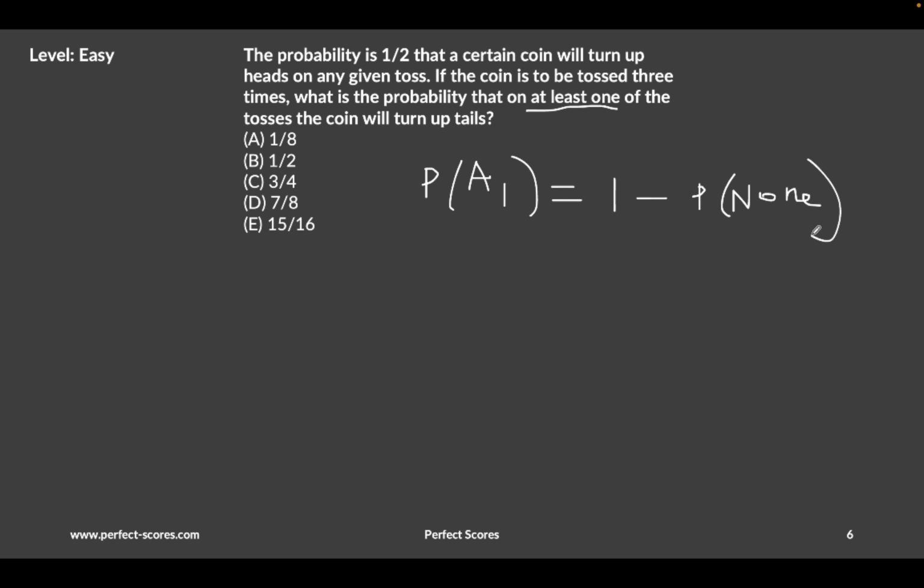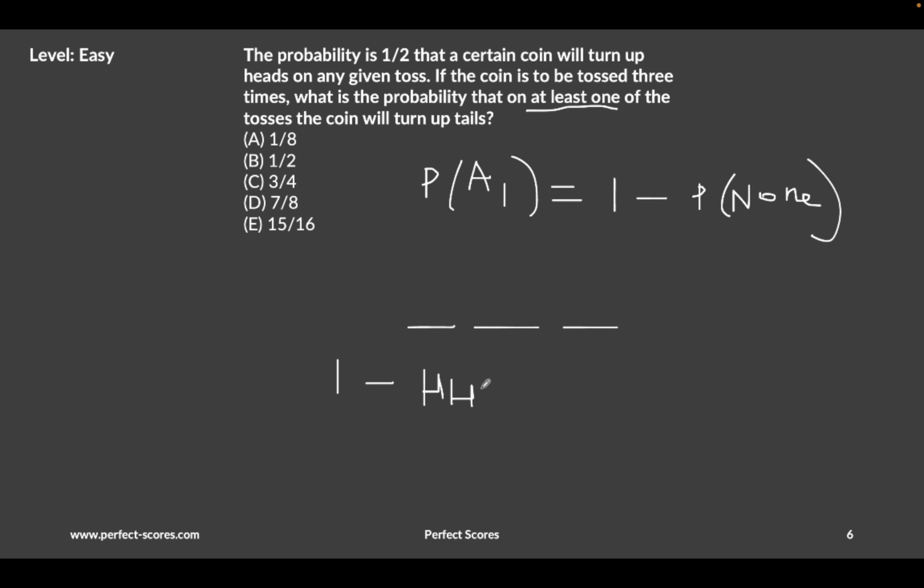So the question is, if the coin is tossed 3 times, the first thing I'm going to look for is the slots. So I have 3 slots. What is the probability that on at least one of the coins you will have a tails? I'm asking you for 1 minus not getting any tails, which means 1 minus getting all heads, right?